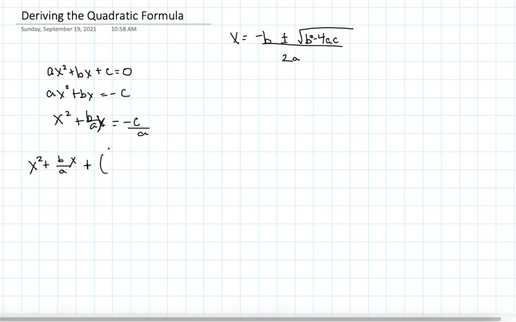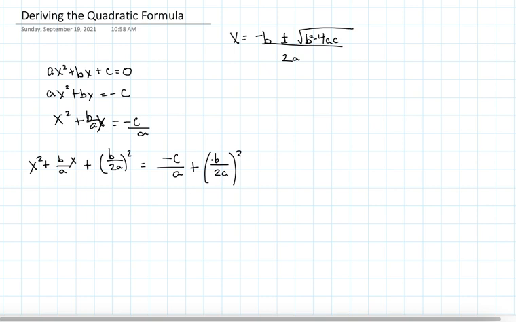So b over 2a is half of b, and we'll square it. And then we must also do that to this side. And we're going to end up needing to simplify this right side.